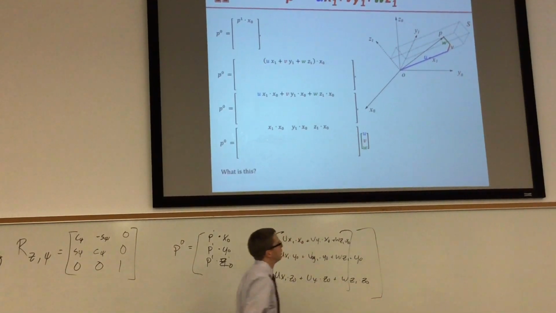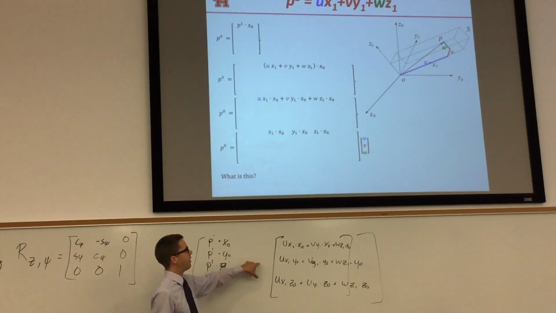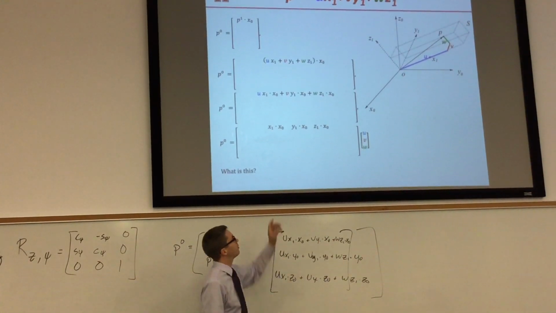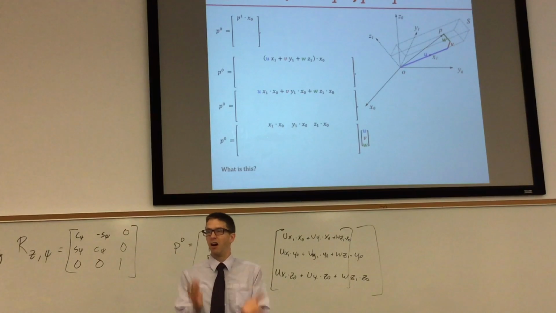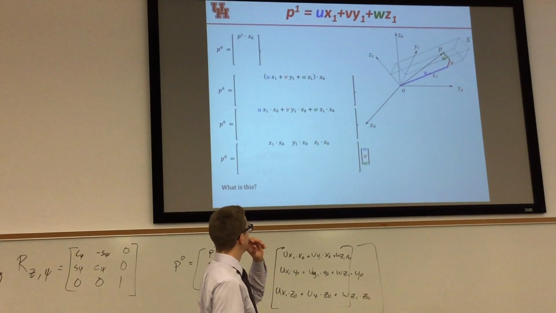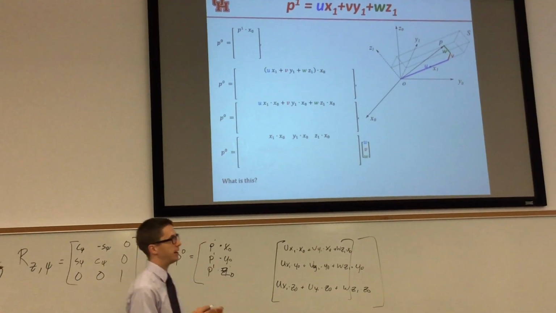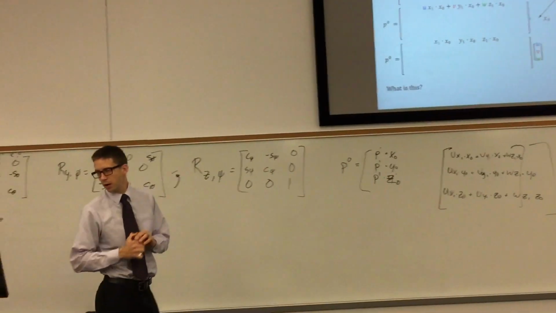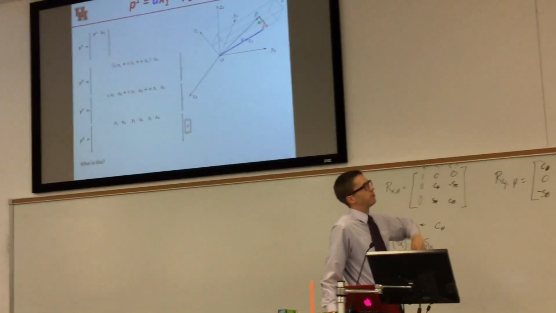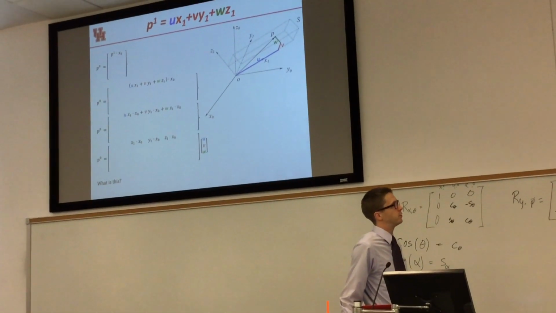And so what I can do now is factor out my u, v, and w, pull those off to the side, and make a vector of those. And now I've got this transformation that is going to tell me how I transform from one rotation to another.